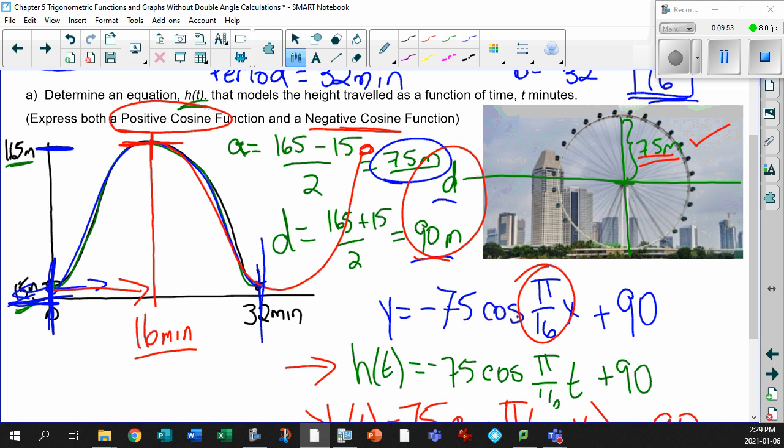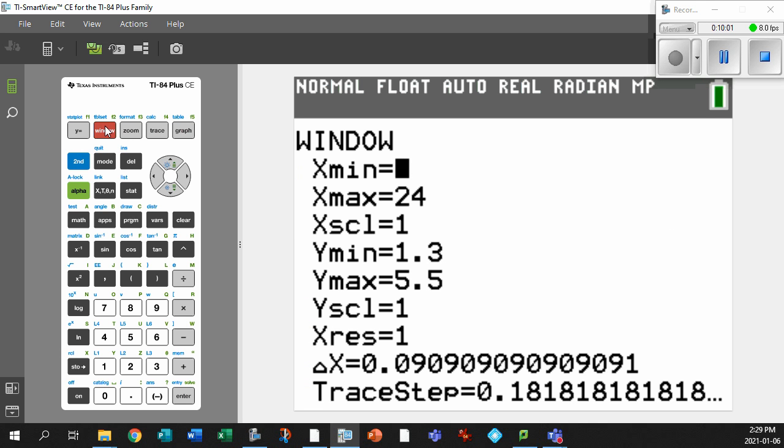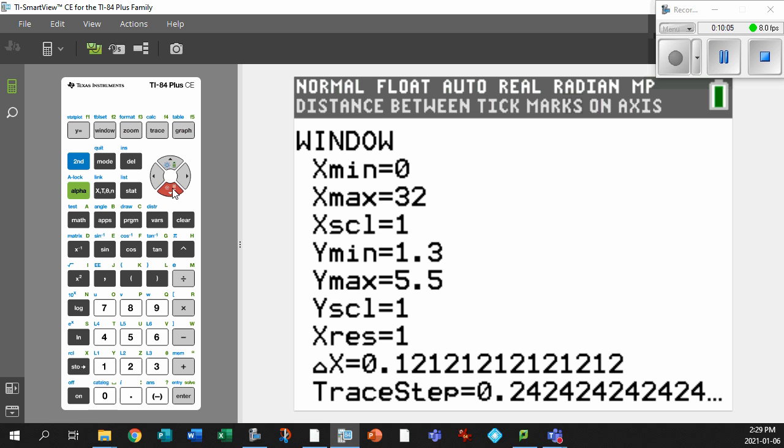So that's 0 to 165 for our y, and 0 to 32 minutes for our x.